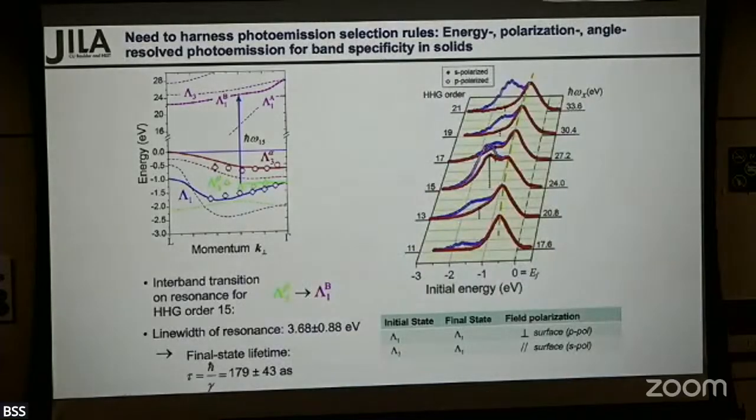So this is the band structure. So this is the filled band. There's the Fermi level, where our initial states are here. We use polarization to select which transitions we're looking at. And these are excited states 22 eV up in the band, normally unoccupied.